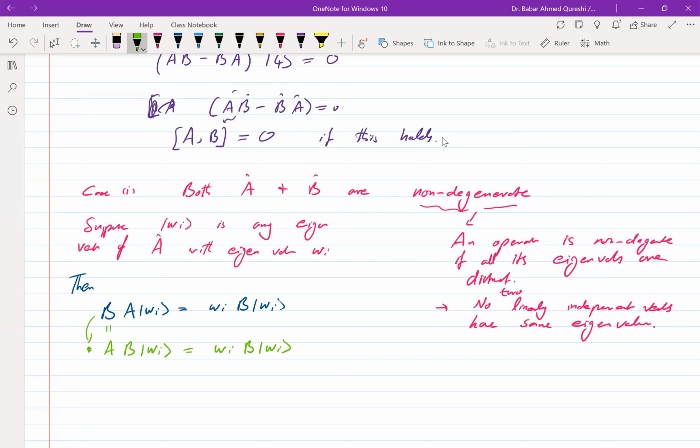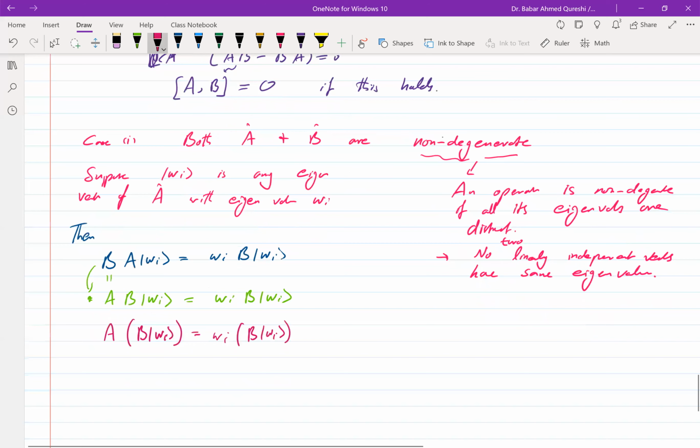So what is this equation saying? This is saying A acting on this vector BWi gives you the vector back with the same eigenvalue Wi.